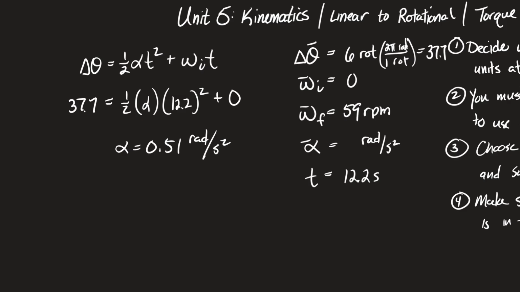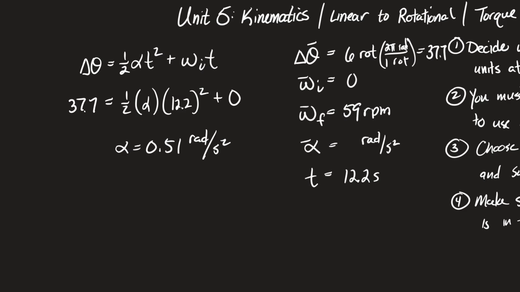Now, I have a small aside for us, but are we all good for this? Could you convert this to radians per minute squared? Actually, let's go all the way with it. Could you convert this to rotations per minute squared? Do you know how to do that?